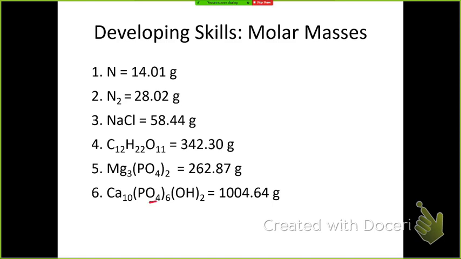We have oxygen here and here. So we're going to do 6 times 4 is 24 plus 2 more. So we have 26 oxygens. So 10 calciums, 6 phosphorus, 26 oxygens, and 2 hydrogens in that compound.